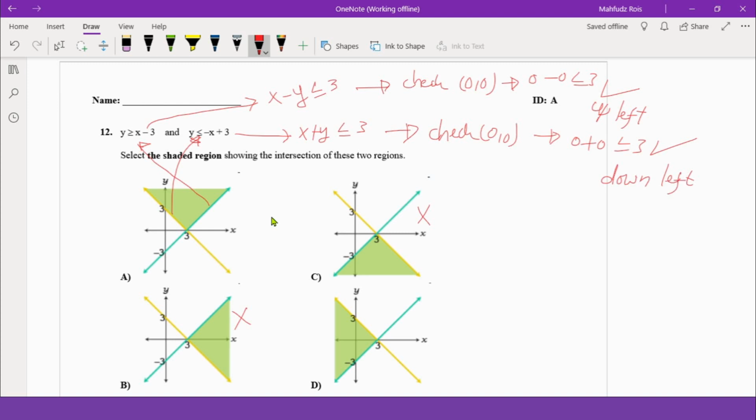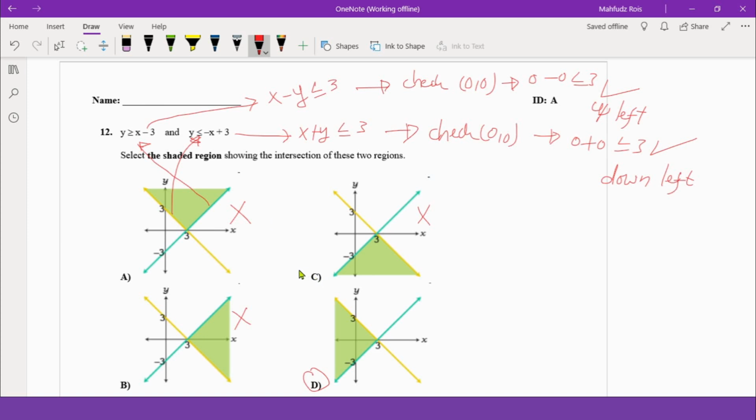This one is wrong, so only this one is true. D, because the blue is up left and the yellow is down left, so the intersection region should be here. So this is how we can check the region.